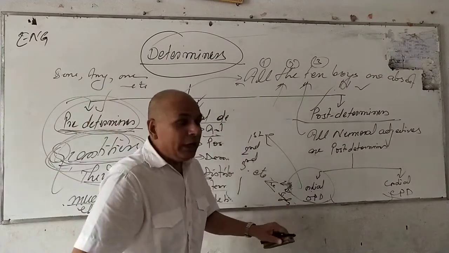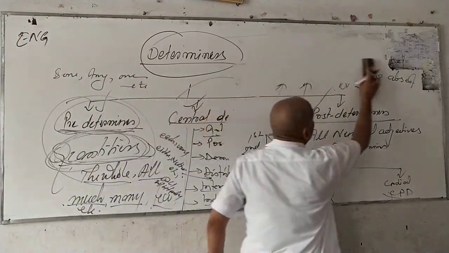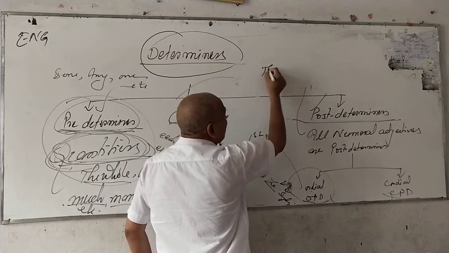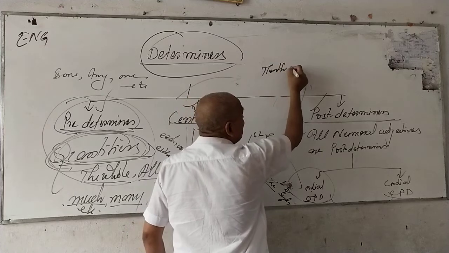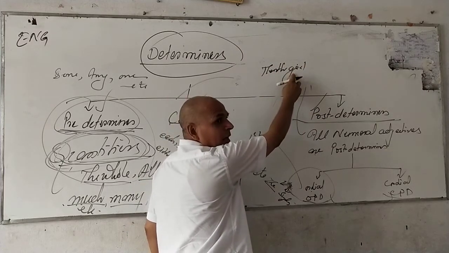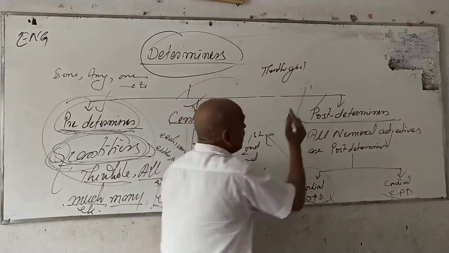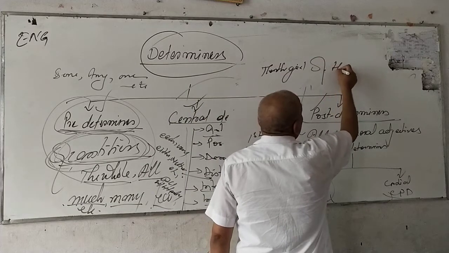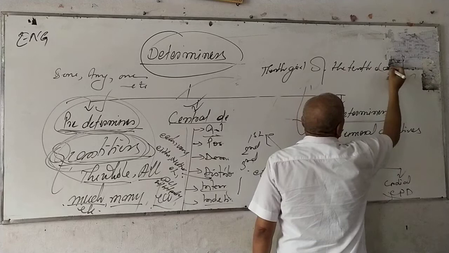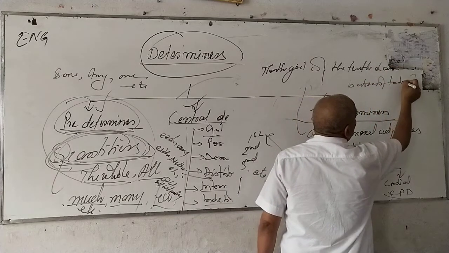If I write any number, that is always supposed to be similar. As for example, here I write 10th girl. 10th, but still girl. I'm not talking about 10 girls. I'm talking about the 10th girl of the 10th class is absent today.